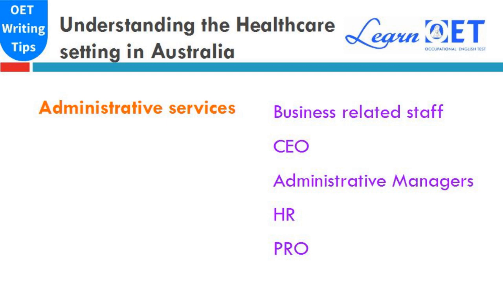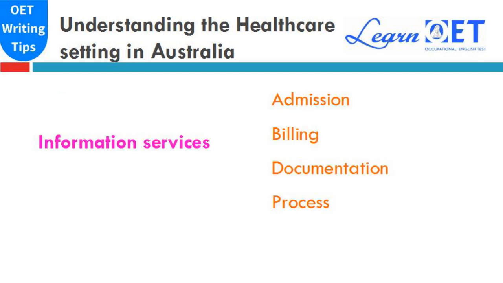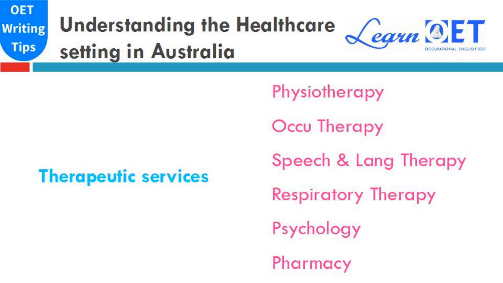Then information services, including the admission of patients, billing, and documents, all come under the information services. Then therapeutic services, including physiotherapy, occupational therapy, speech and language therapy, respiratory therapy, medical psychology, social services, and pharmacy, all come under the therapeutic services.